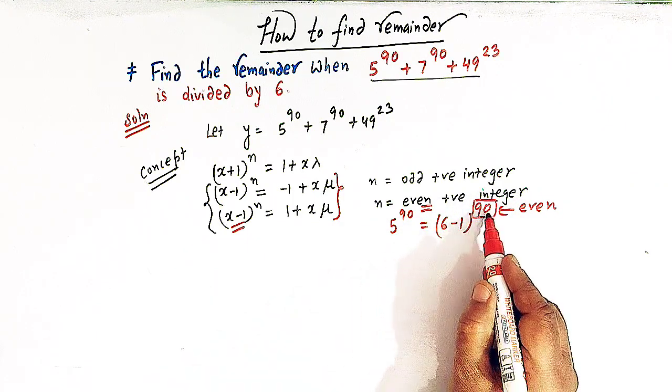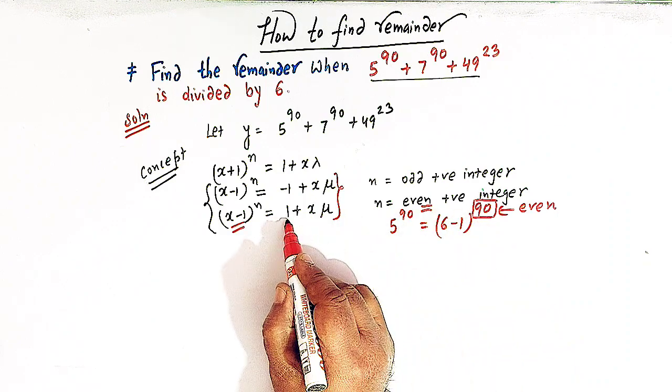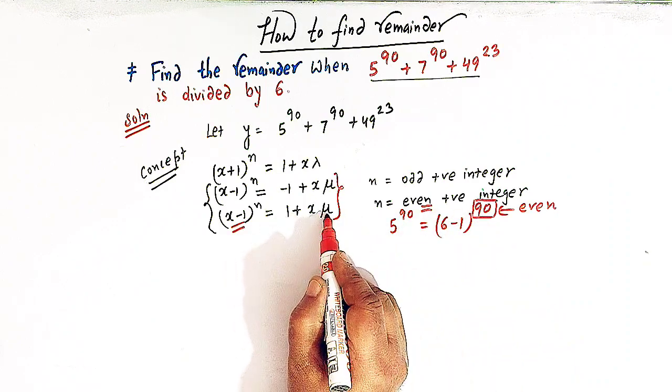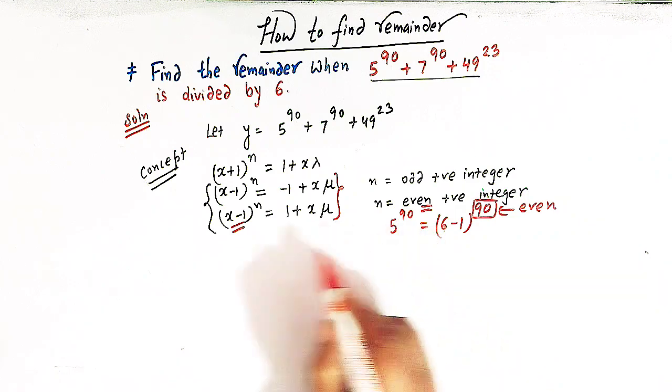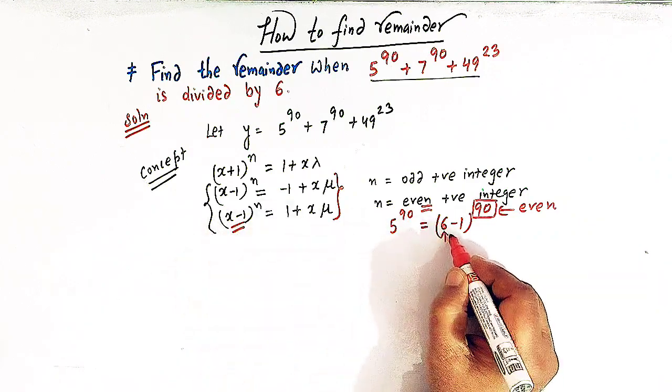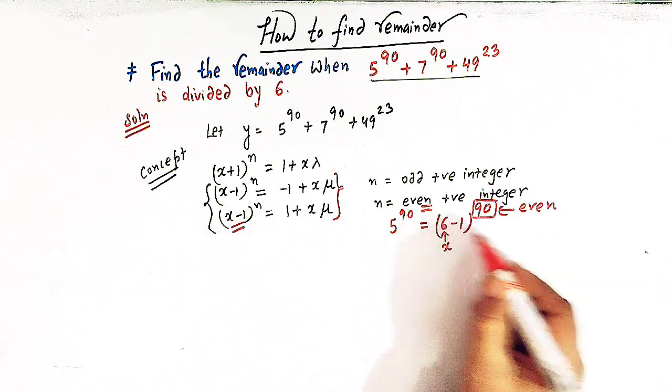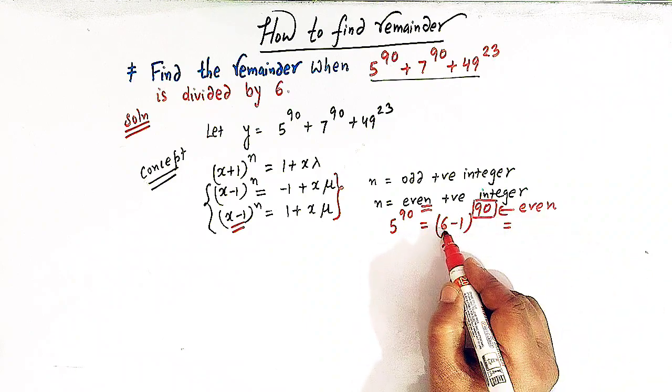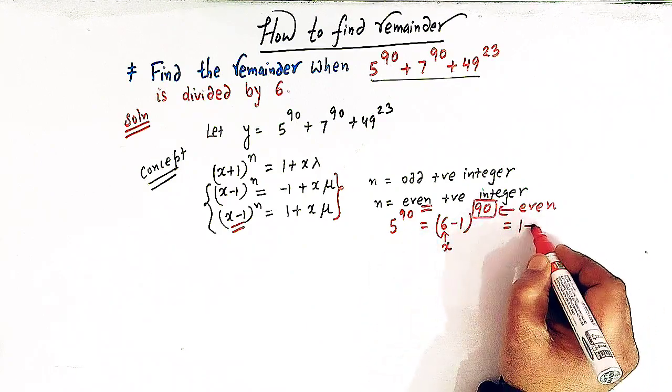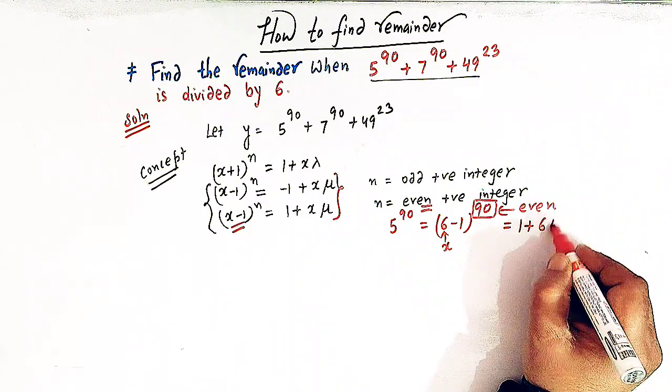So 6 minus 1 raised to 90 can be written as 1 plus x times mu, where x is 6. So we can write this number as 1 plus 6 times mu.